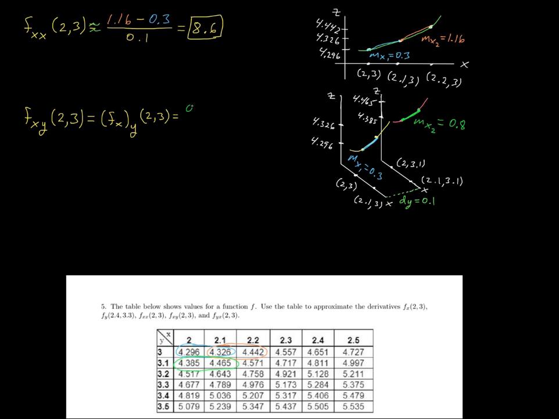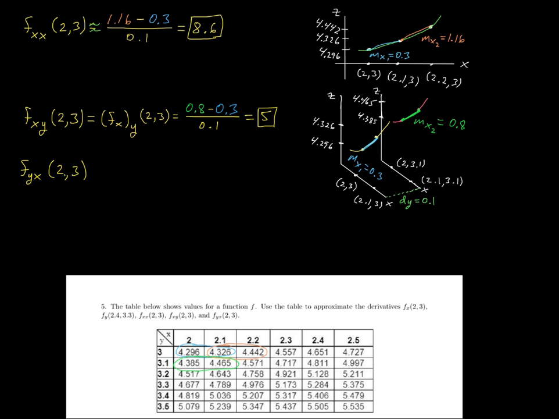So we're going to get 0.8 minus our 0.3, and then I'm going to divide that by the change in y, which is 0.1. And this comes out to be 5.